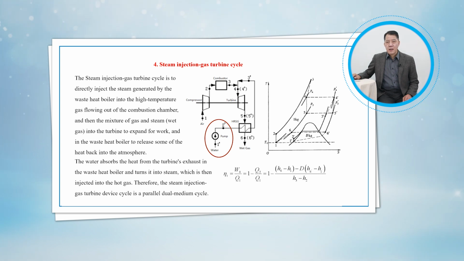The water absorbs the heat from the turbine's exhaust in the waste heat boiler and turns it into steam, which is then injected into the hot gas. Therefore, the steam injection gas turbine cycle is a parallel dual medium cycle.